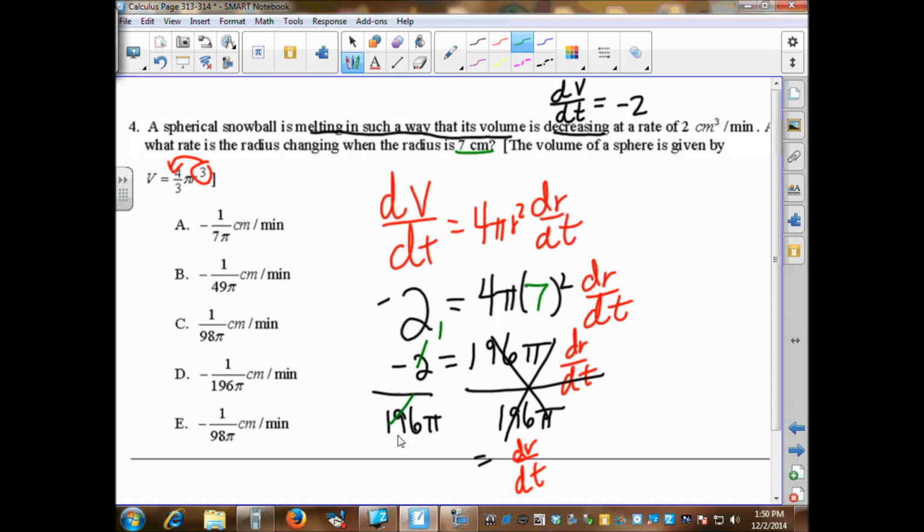It goes into 196, 98 times. So we get negative 1 over 98 pi. And since that's radius, the unit is centimeters, our time is minutes, so it's E. Just looking at the choices, if I were taking the AP, I know if the snowball is melting, the radius is decreasing. I probably would have crossed that one out to start with.